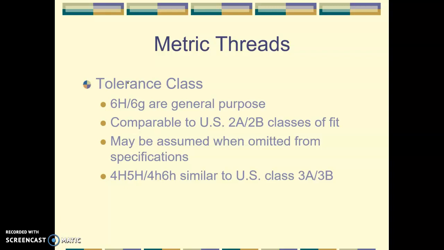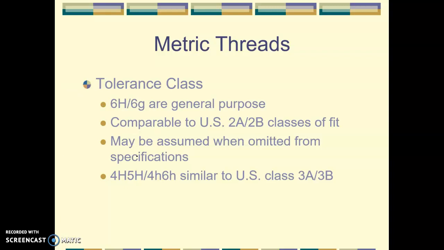So you may see some letters and numbers at the end of a metric thread specification, like 6H or 6G. These are similar to 2A and 2B, where in the unified national system, these indicate 2 being the general default class of fit, and A and B indicate internal and external threads. 6H and 6G are similar in the metric system.